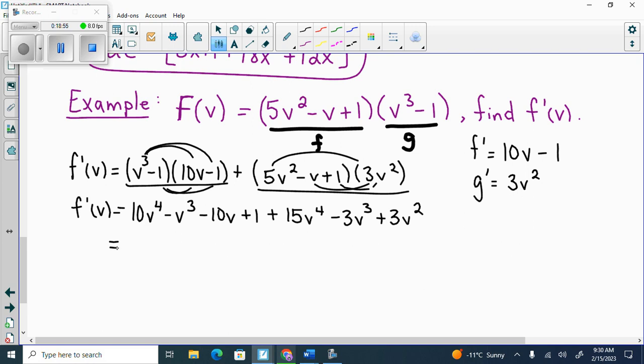So we get 10v to the 4 plus 15v to the 4 is 25v to the 4. Minus v cubed minus 3v cubed is minus 4v cubed. Minus 10v, no such thing. So we have a plus 3v squared minus 10v plus 1.